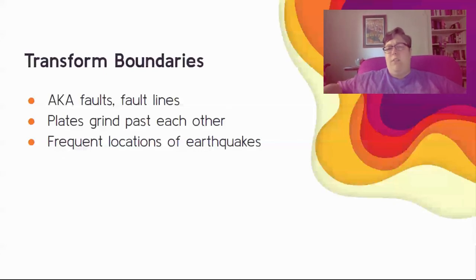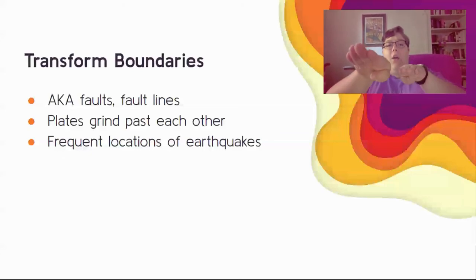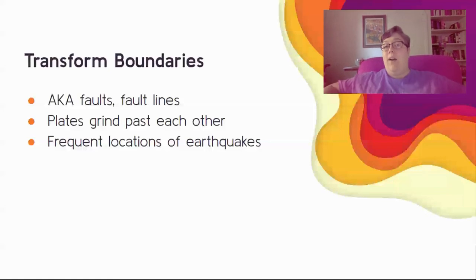So this isn't a very smooth process, this transform movement, which means one hallmark of transform boundaries, besides that fault line, is that along these boundaries, you will get many, many earthquakes. So, for example, in California, we have the San Andreas Fault, where two plates are sliding along each other, which is why California has as many earthquakes as it has.